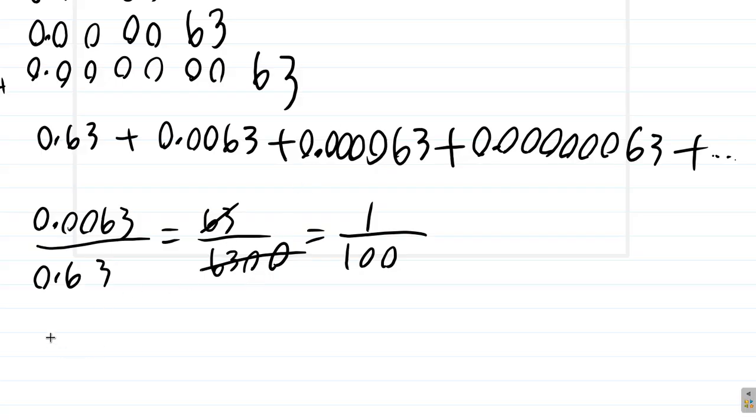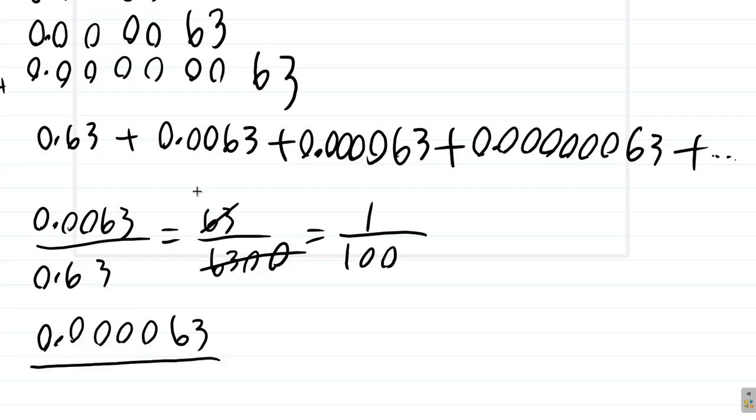Now let's try the other one. This one is 0.00000063 over this one is 0.0063. Okay, let's see something here. You have to multiply by 1,000,000 to get 63 up top.